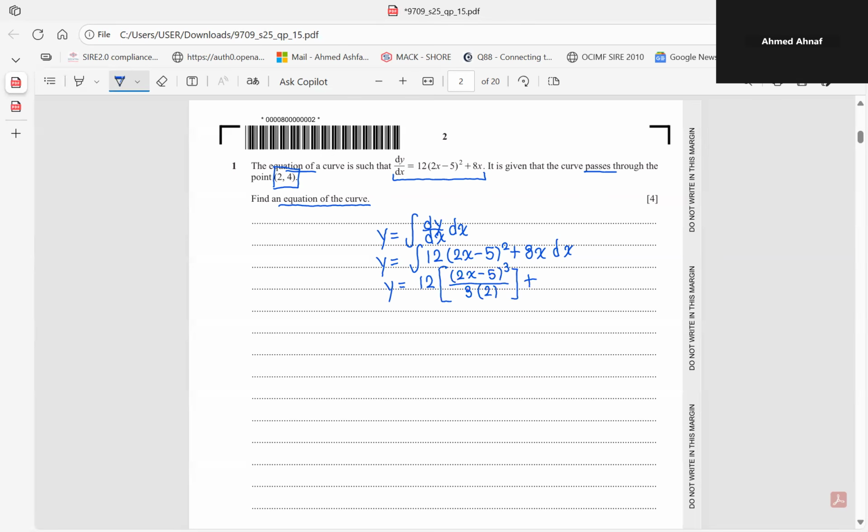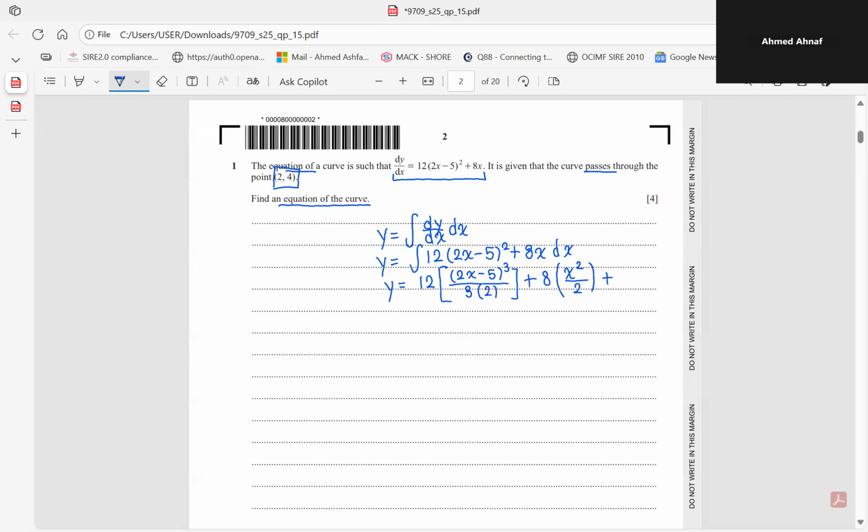Now we'll add it to the integral of 8x. To integrate that, again, you leave out the constant 8 and integrate x with respect to x. So again, add 1 to the power, so you get x squared, and you divide by the new power, which is 2.